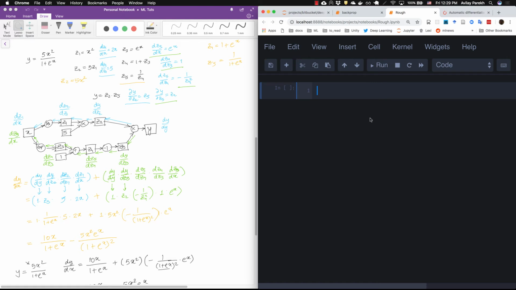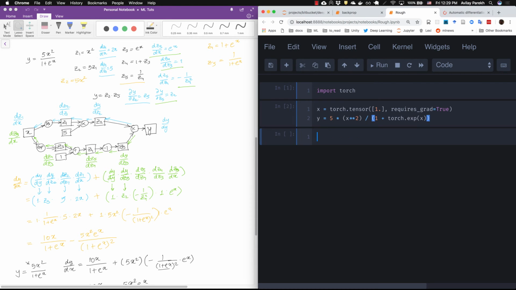Now let's see this entire thing in action in PyTorch. As usual, we will import torch, define x as a scalar, set requires grad true, and y is 5 x squared divided by 1 plus e to the power x.